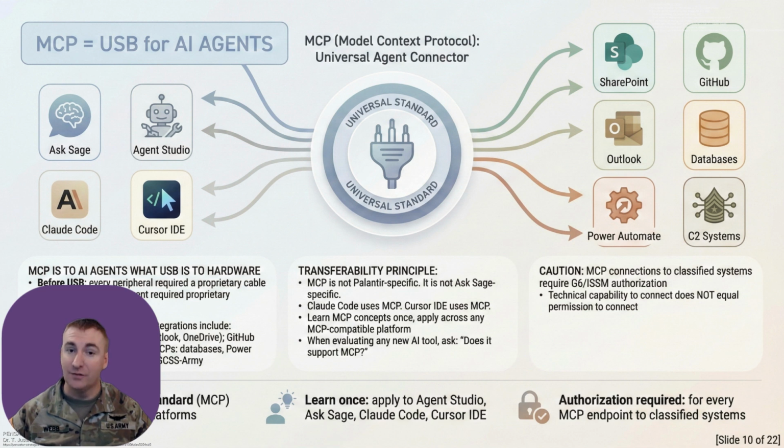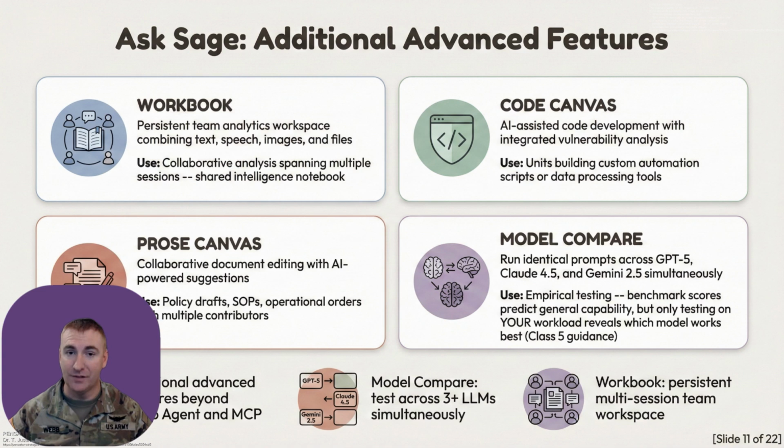MCP is just one of several advanced capabilities worth knowing. 4 features beyond Deep Agent worth knowing. Workbook for persistent team analysis across sessions. Code Canvas for writing and checking automation scripts. Prose Canvas for collaborative document editing. And Model Compare, which deserves special attention.